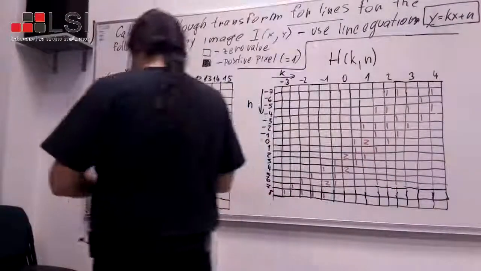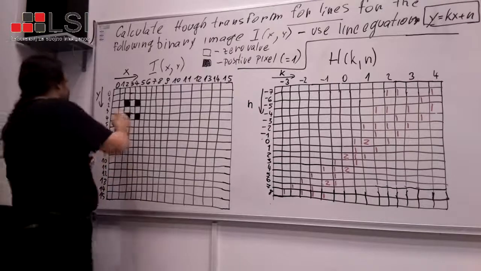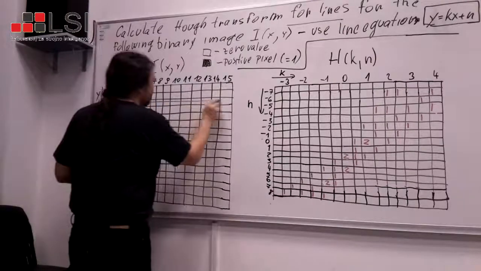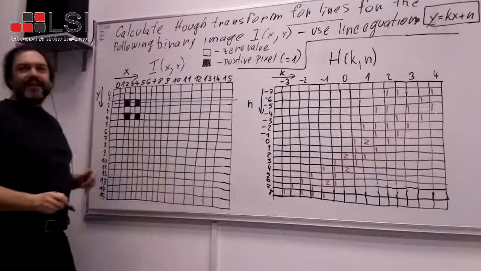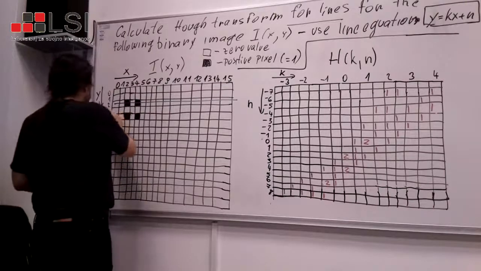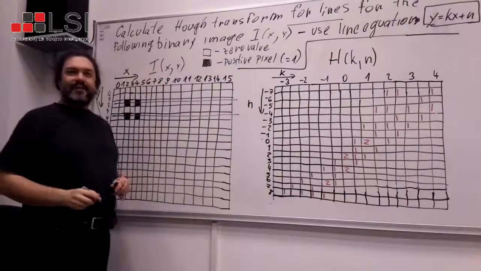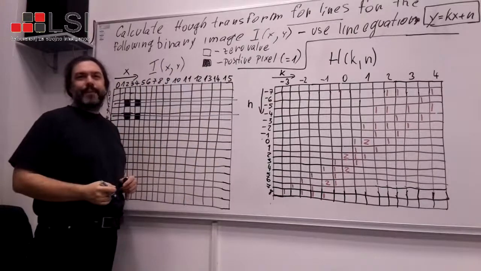If you look at our original image, wow, that's true. We have one solution that is this, and we have another solution that is y is 4. So we did it correctly.